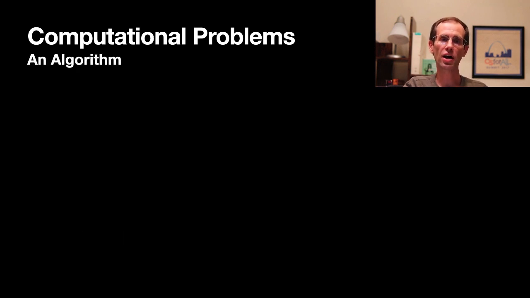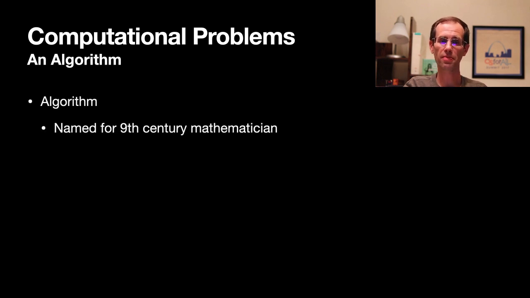Okay, so let's talk about our next major component here, an algorithm. An algorithm is something that will solve a computational problem. The term algorithm is named after a 9th century mathematician, one of the people who helped foster the numeric system that we currently use.